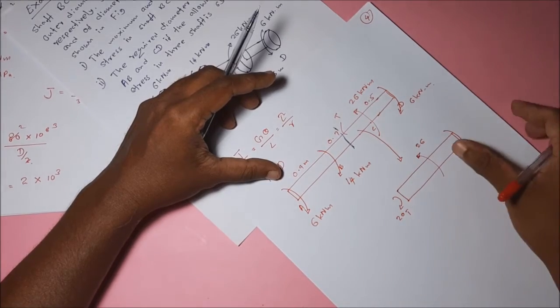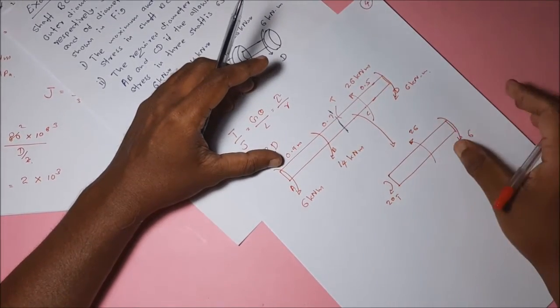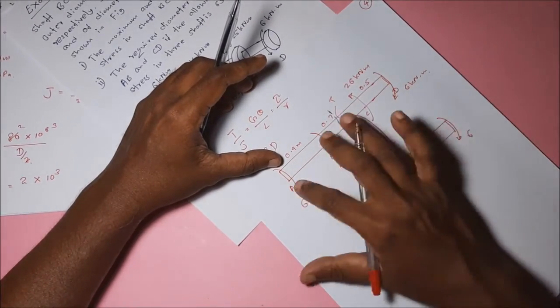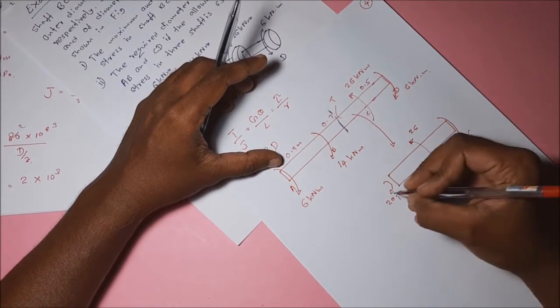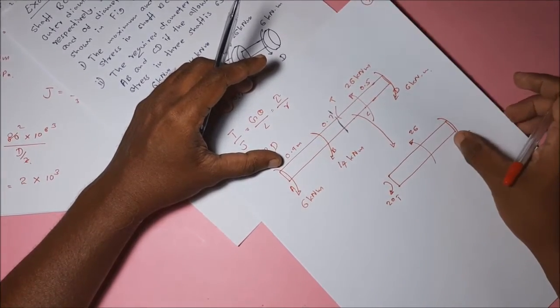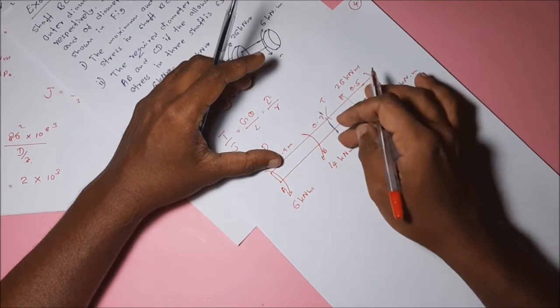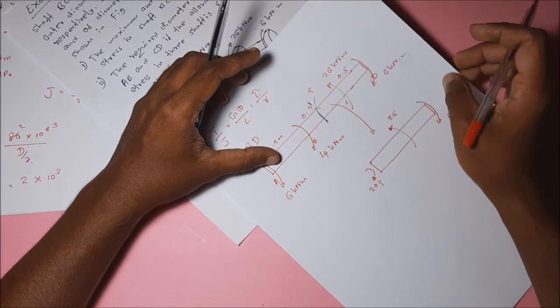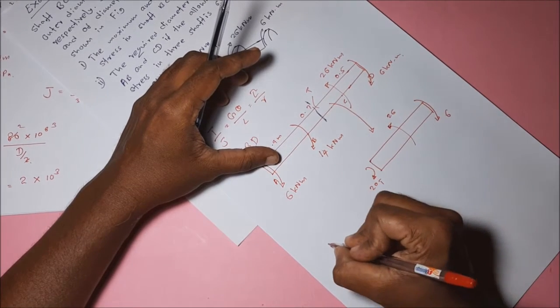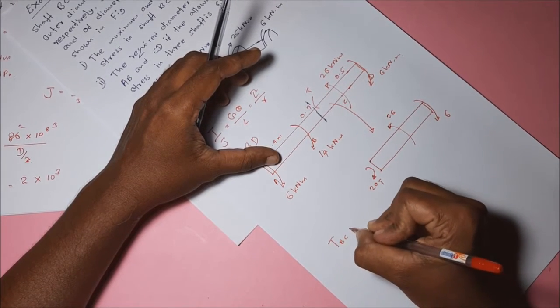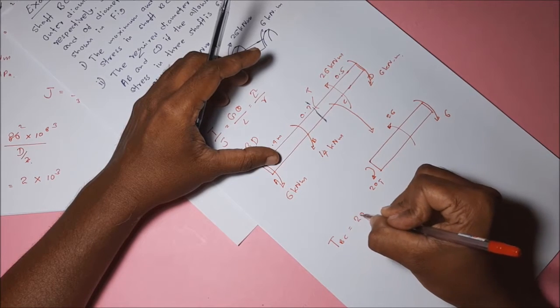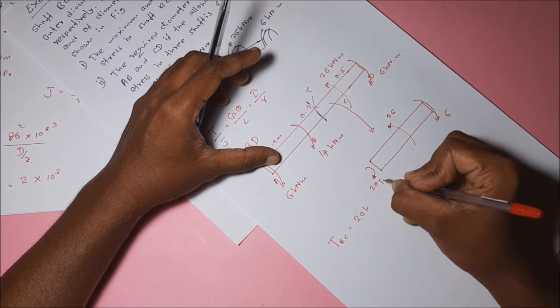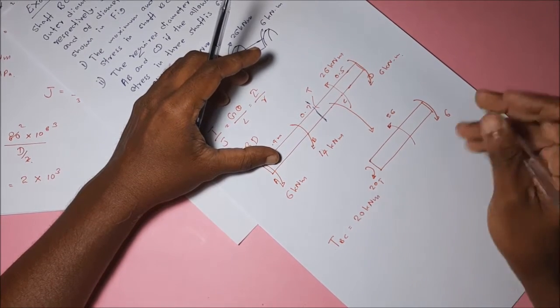This is the way we find internal torque in this kind of application: section, then consider the free body diagram of the separated part. That means the torque developed in the BC shaft is equal to 20 kilonewton meter.